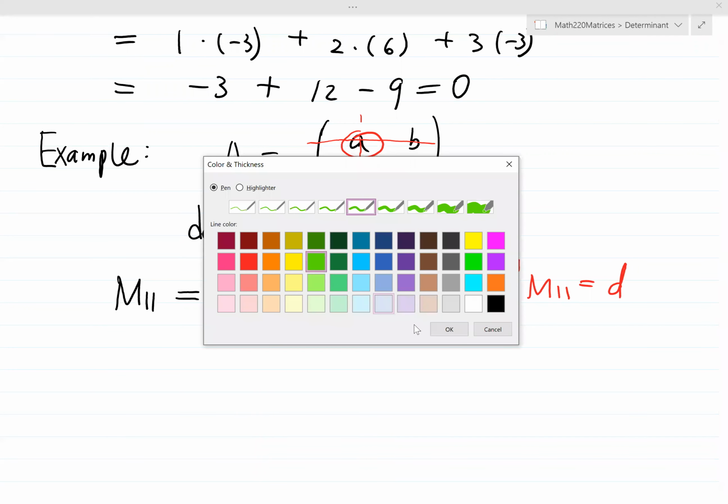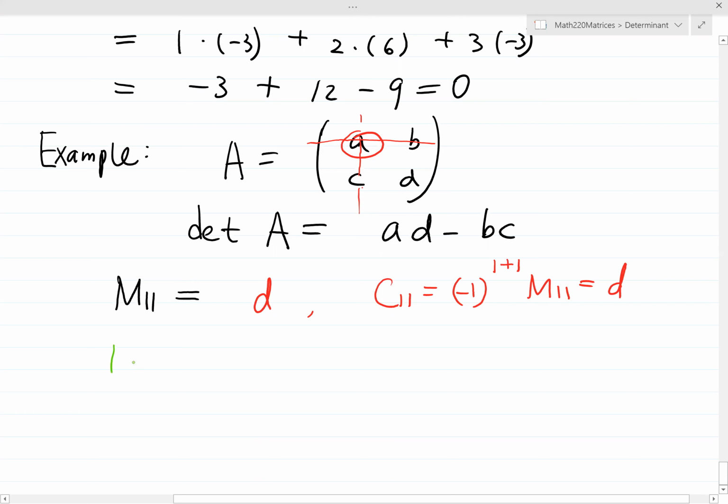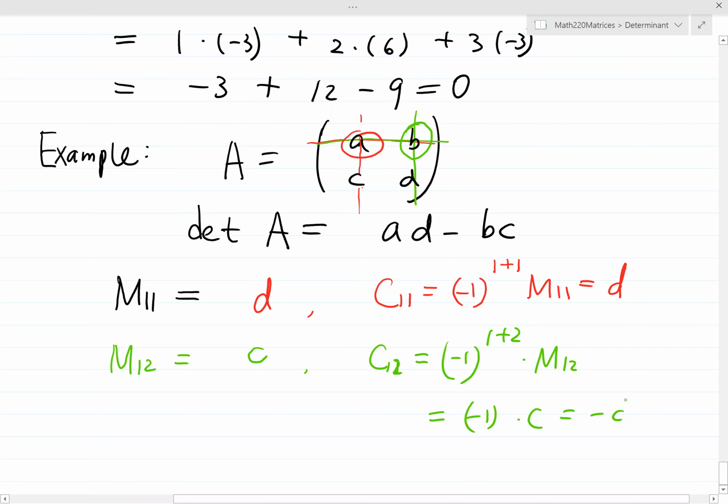M12: the first row, second column entry is B. So you cross out the row and column that has B. What is remaining is C. So C12 is -1 to the power 1 plus 2, times M12. So you get -1 to the power 3, which is -1, times C. So you get negative C.